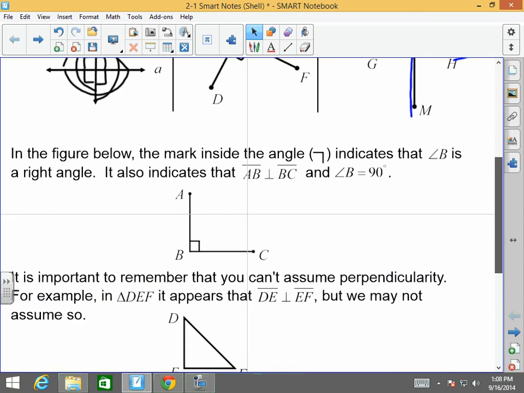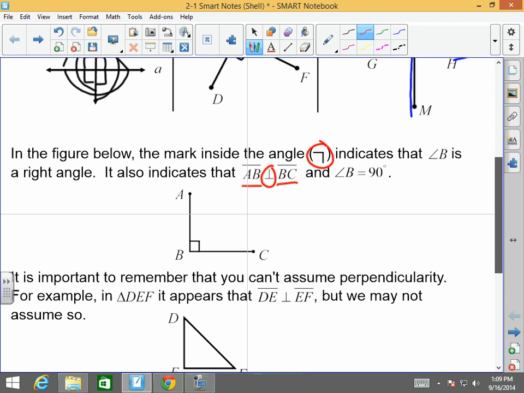Now, in the figure below, we've already talked about this, but we're going to reiterate it. The mark inside the angle, this little guy right here, indicates that angle B is a right angle. So it can conclude and prove, in this particular case, that segment AB is perpendicular to segment BC.